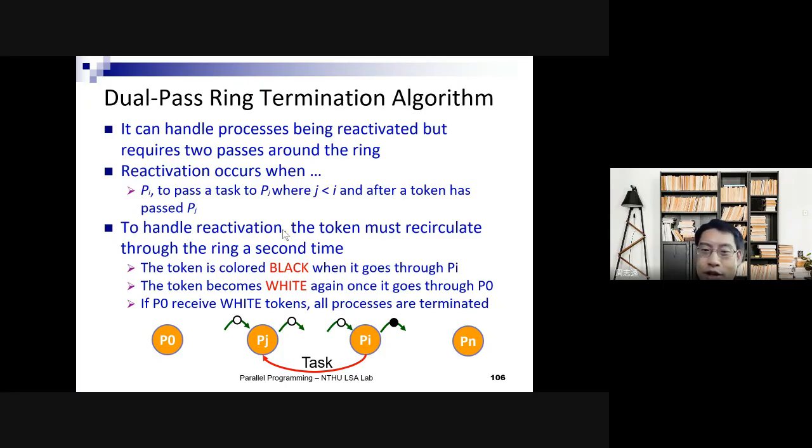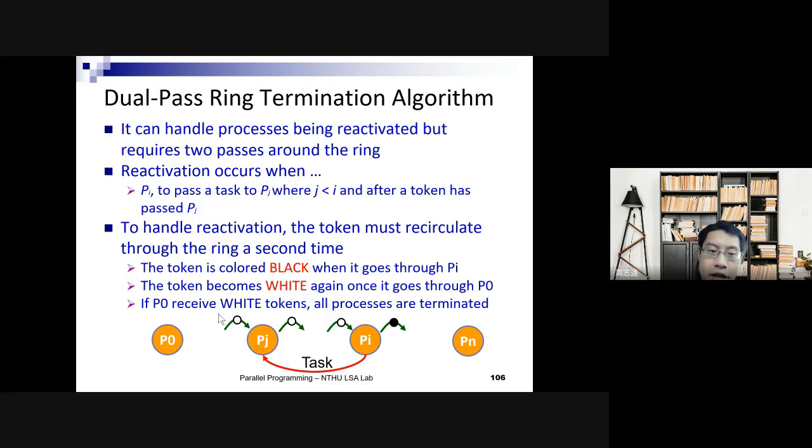But it's actually a very interesting problem. And if you really implement it, you will find out how hard it is to implement and verify. But anyway, the concept of this algorithm is that it will pass the token twice before it makes sure it reaches a global termination condition.